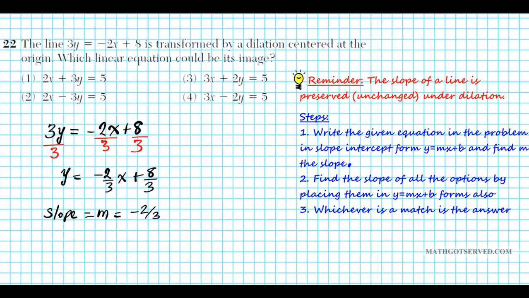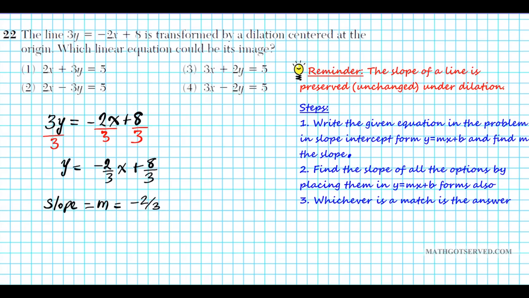Now, if the slope is negative 2/3, so what? The slope of the image must also be negative 2/3, right? So let's just write a real quick remark.